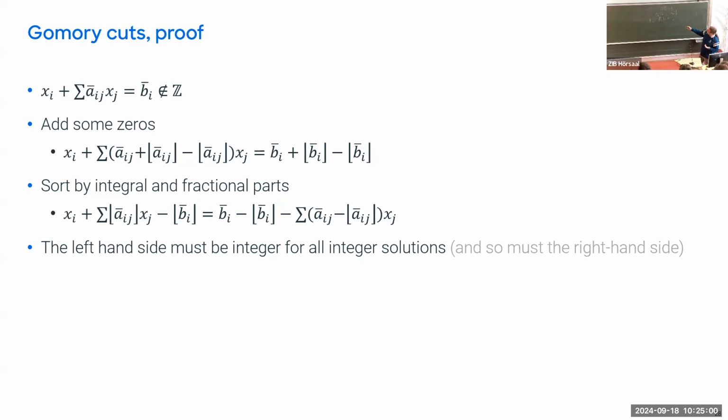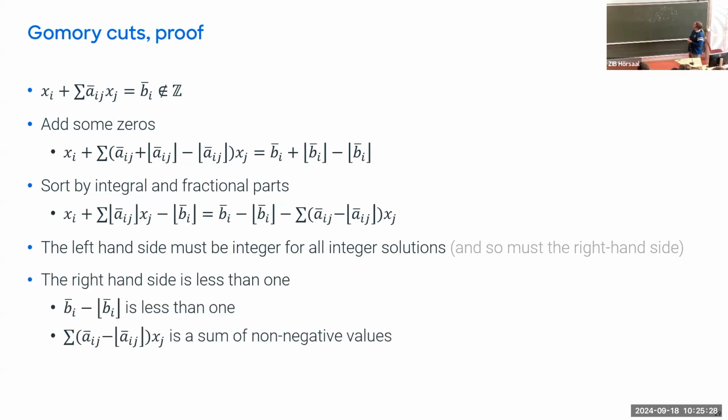Now some of them will be different from 0 in any integer solution. Those are all integers. So the left-hand side must be integer. Obviously, the right-hand side must be integer. So somehow these values here, multiplied with some non-zero values in an integer solution, will cancel out this fractionality there. We don't know, and we're not interested in how, but that's a valid statement. So since this is an equation, also the right-hand side must be integer.